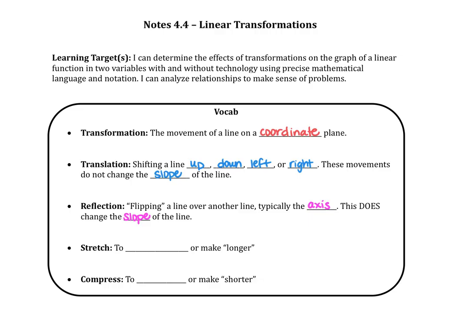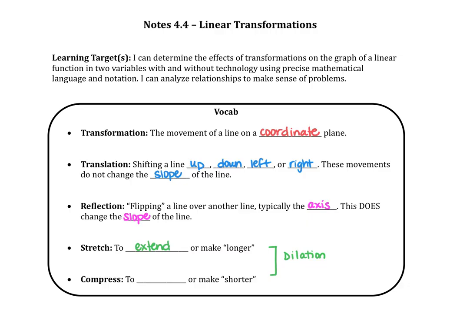A stretch and compression. These two together, in middle school, you learned them as dilations. And if you remember, a dilation is whenever something gets bigger or smaller. Well, when we're talking about linear transformations and linear stretches and compressions, what this is actually meaning is to extend the line or make it longer.